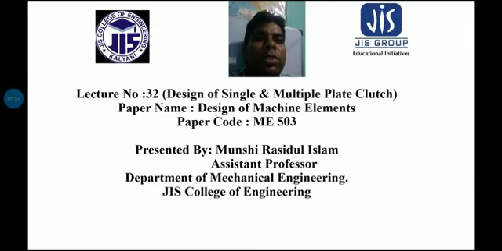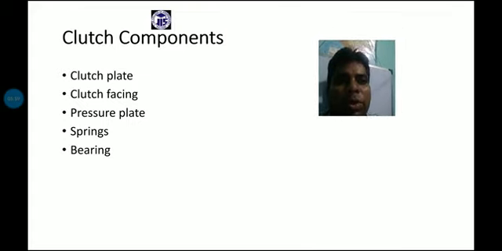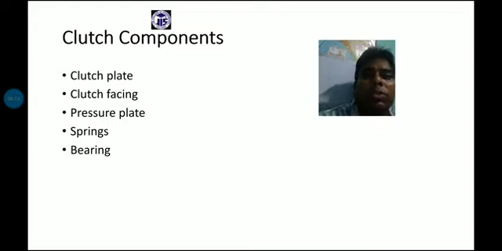Now, some of these points may be repeated, because in a past lesson I already showed you a video, and all these points are also in these slides. So we will just overview some points that are also required to design the clutch.